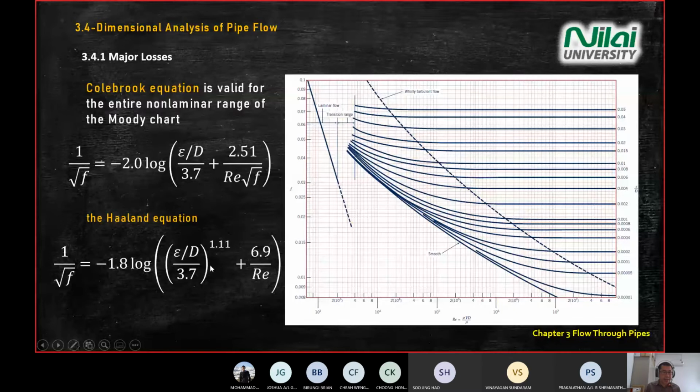If you look at these two structures and compare the Colebrook equation and the Haaland equation, looking at the right hand side components, the friction factor is a bit different between these two.